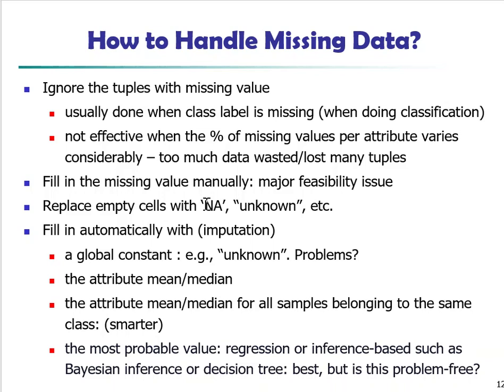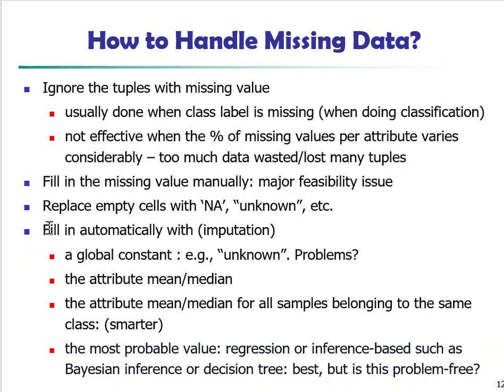For example, your score: somebody's score could have been 100, but others could be 50. Because they're missing, they all become NA, they become the same thing. So you hide lots of variation in your data by simply entering one value for all missing values. So that's also not ideal.